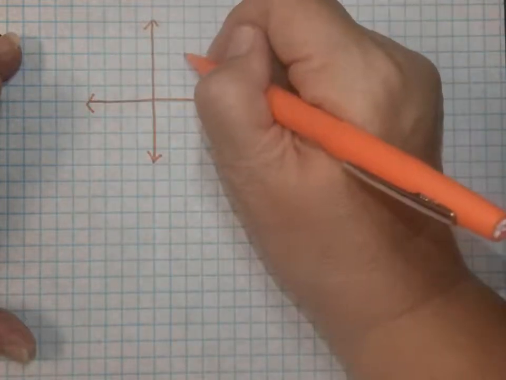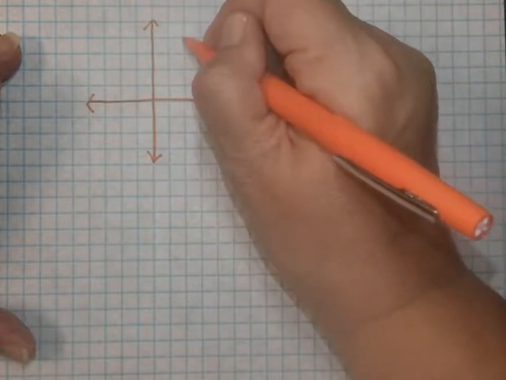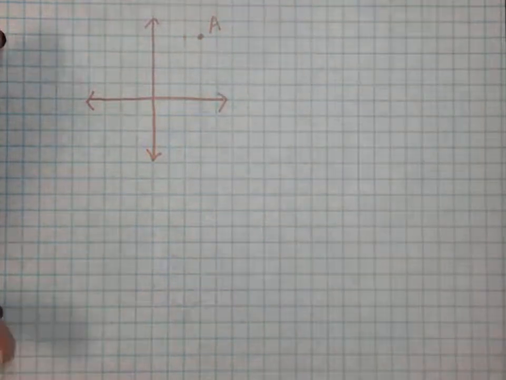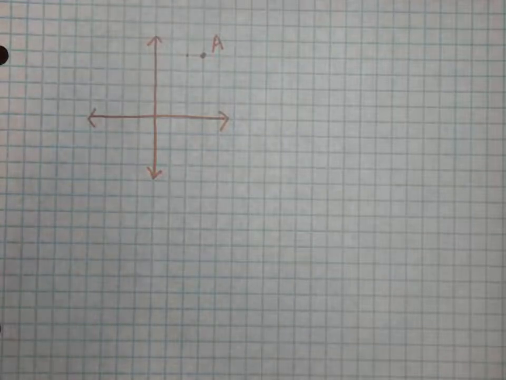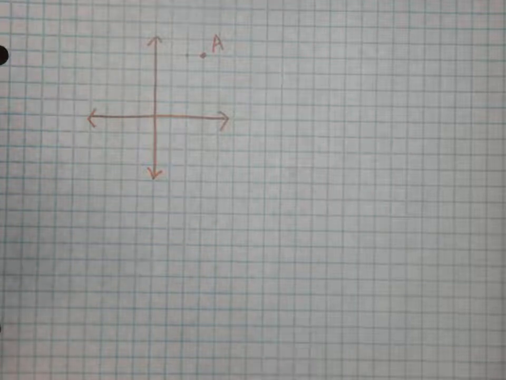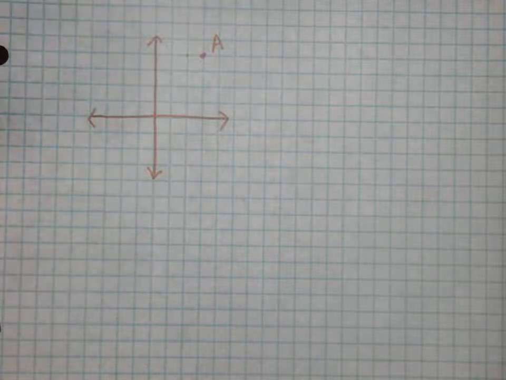So when I get to this point A right here, what we're able to do when we're graphing is share information with the entire world as to where that point is, right? So graphing allows us to transmit information about location.